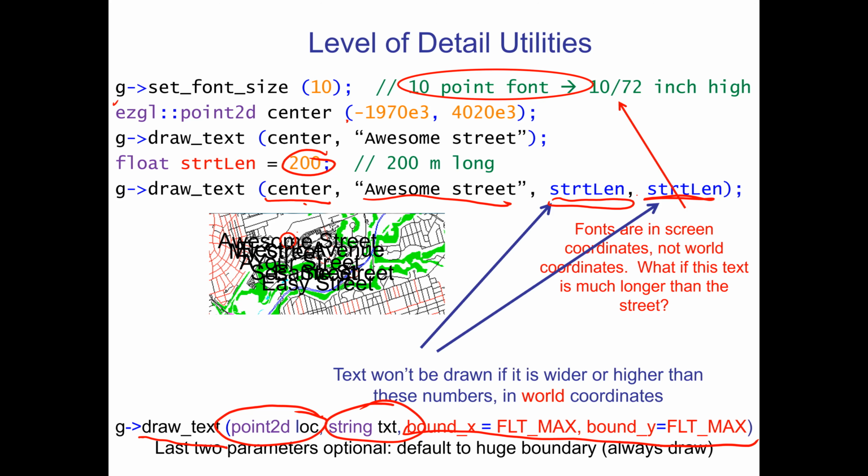And now basically, that text is going to naturally disappear when you zoom out. If you zoom way in, 200 meters actually occupies a lot of pixels, and this text will fit in that 200 meter box on screen. If you zoom way out, it won't fit, and text will just start disappearing. But that's much better than just having a really cluttered display. So it's an easy way to turn on and off lots of text.